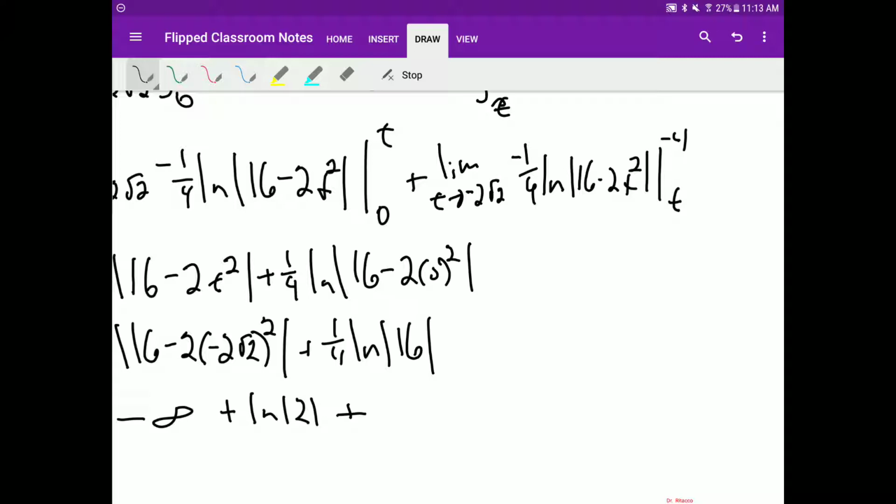So negative 4 squared is 16, times 2 is 32, 16 minus 32, and 1/4 times the natural log of 16. It's still going to be the natural log of 2.